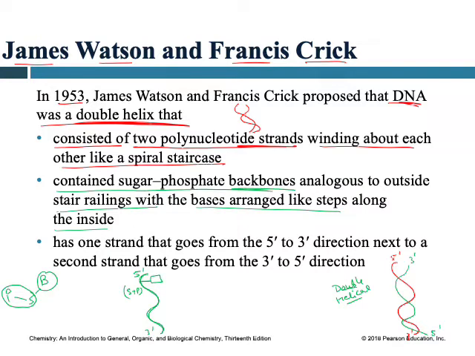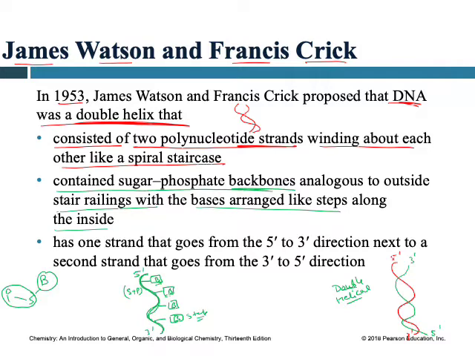This is the base. So it looks like a stair railing. This is the outside of the stair railing, right? And this base looks like a step along the railing around the stair, right? This looks like a step.